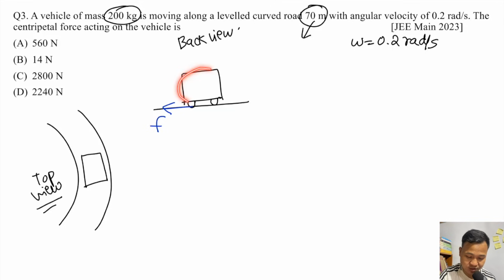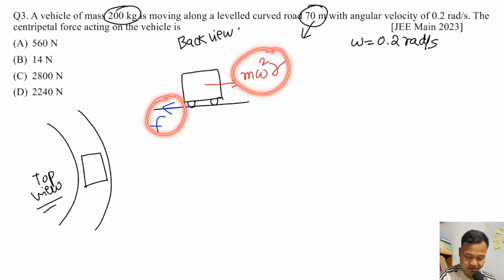Because of the pseudo force the car will be pushed away, so friction prevents that. In this case the friction is the centripetal force. So for the car it is m omega square r. The friction is along this side, in the direction toward the center. So that means net force is 0 on this side, the x side.